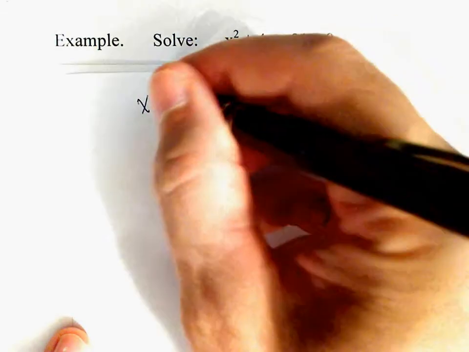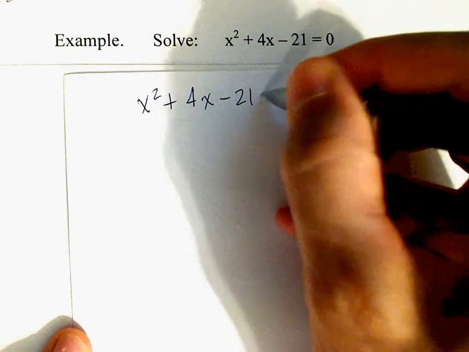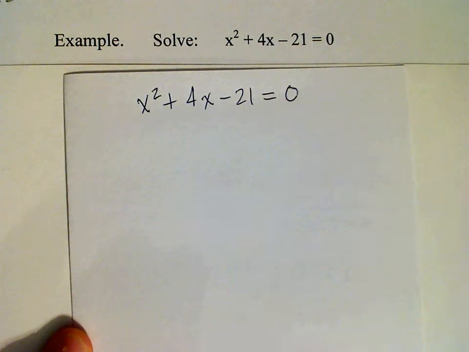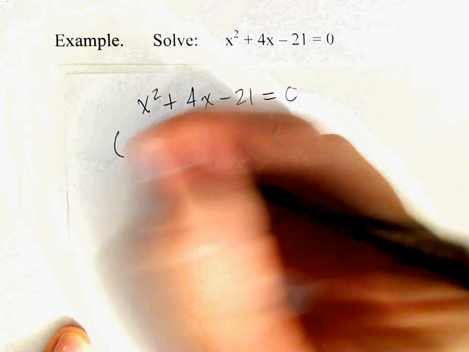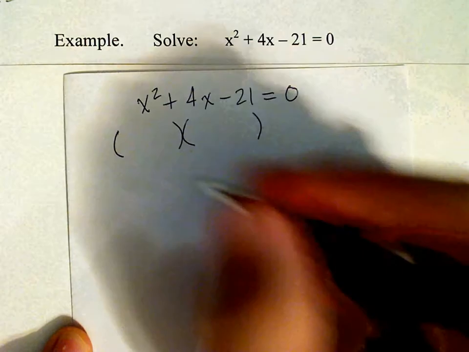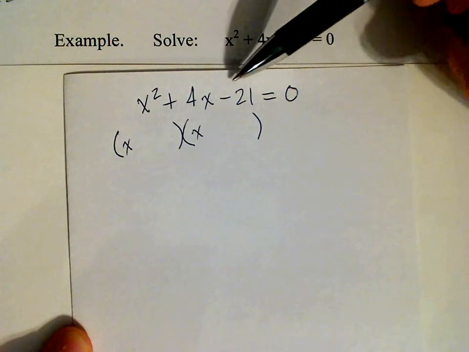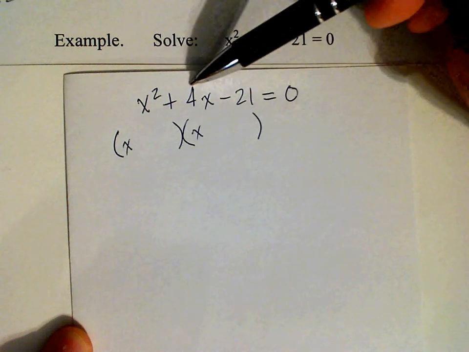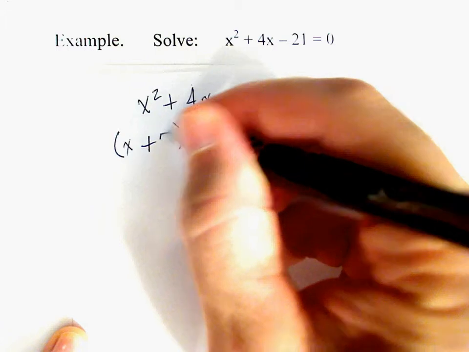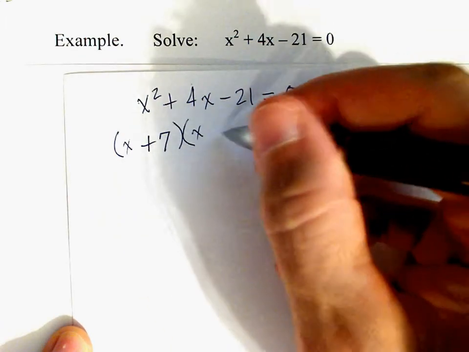So that's what we're going to start with. You remember when we learned about factoring, we saw that we could factor a trinomial by looking for factors of this number that would add up to this number. In this case, those factors are x plus 7 and x minus 3.